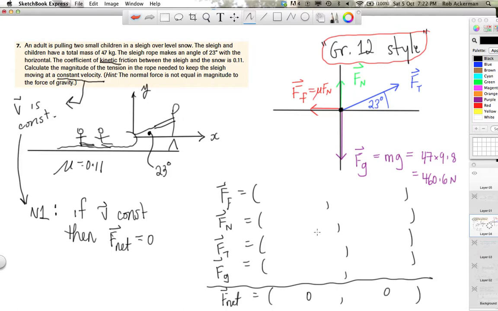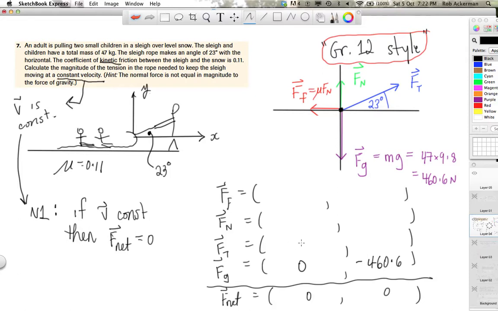All right, let's fill things in. Let's start with what we know. Fg, which is 0 in the x direction, all of it in the y direction, and for that matter, pointing downward, so negative, assuming positive y like this and positive x like that. How about the tension force? It's going to be something cos 23, something sine 23.